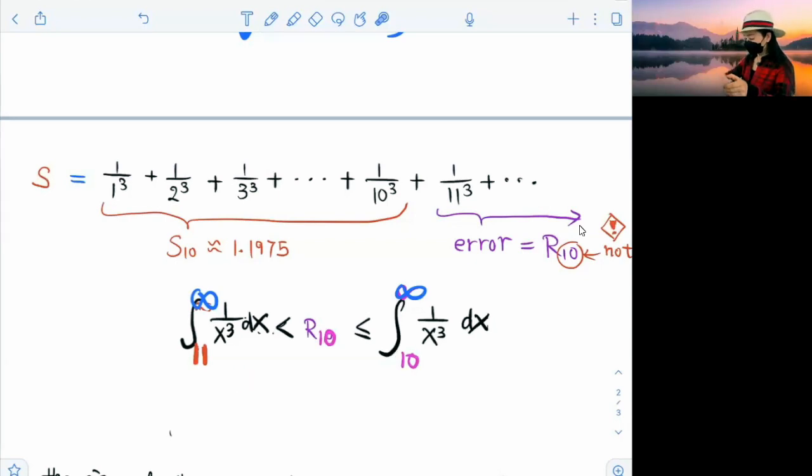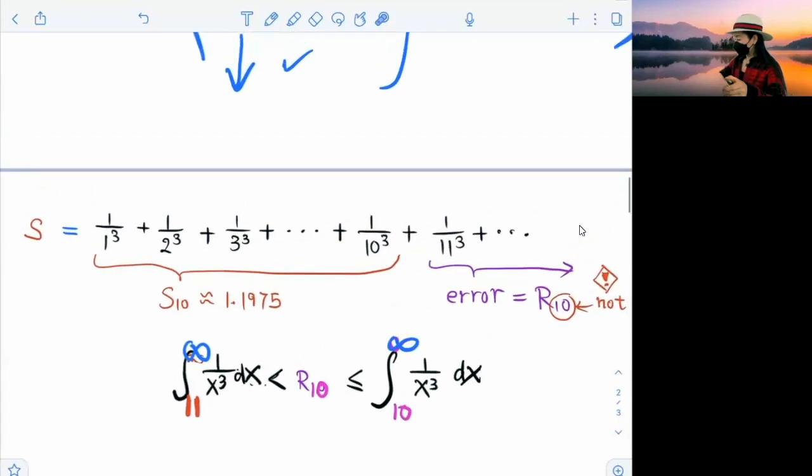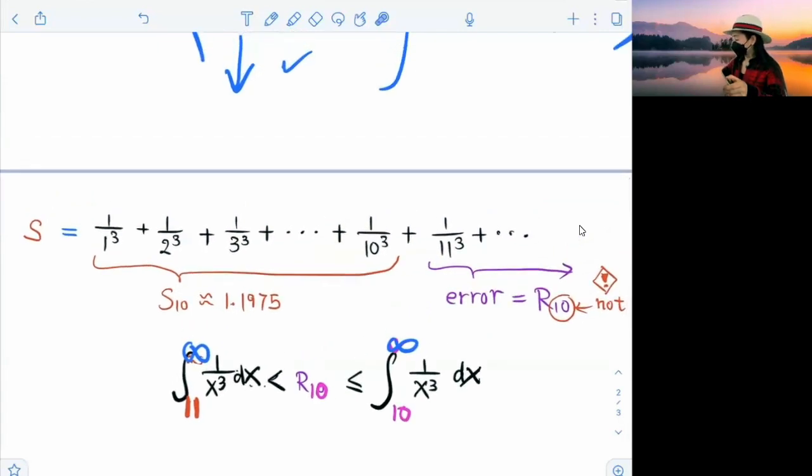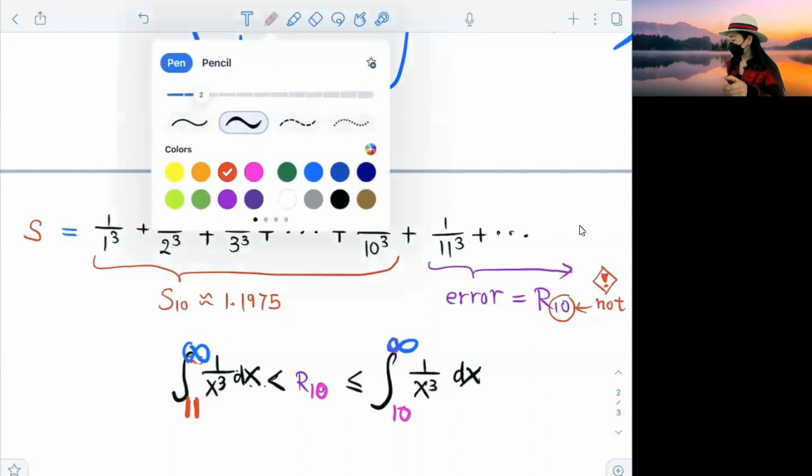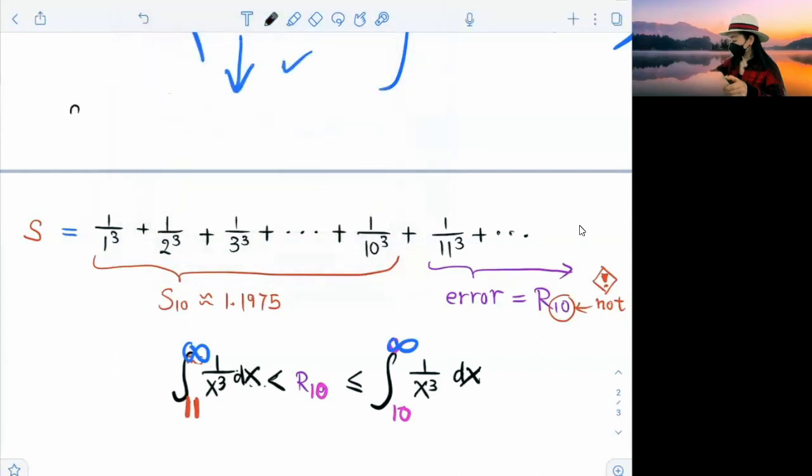Now we need to find this integral. What is this integral? Well, how about we just do it once? How about we find the antiderivative of 1 over x cubed? What's the antiderivative of 1 over x cubed?